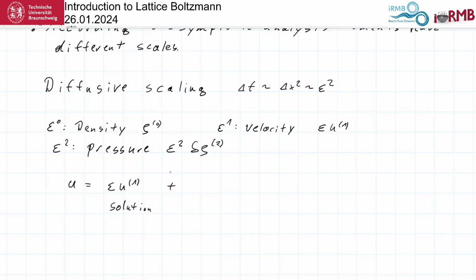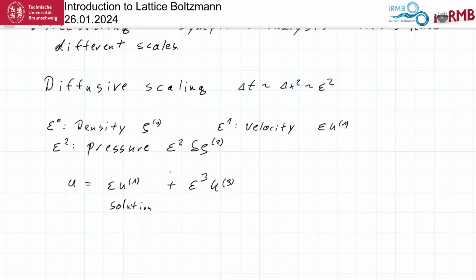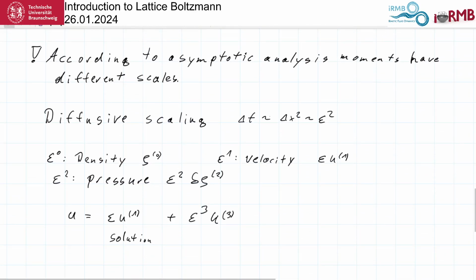The leading order error here, because it's a symmetric method, would come with epsilon cubed, cubic order. That would be the error. This is something that we would prefer not to have, but we prefer to have these velocities.